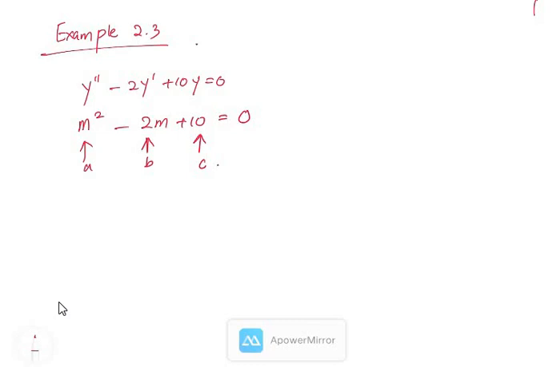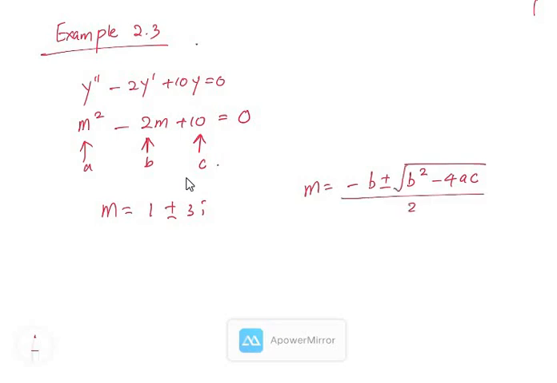So from the calculator, you can obtain the m value. m equals 1 plus minus 3i. Okay, that's easy. If you want to know how to factorize, you can use the formula m equals negative b plus minus the square root of b squared minus 4ac, divided by 2a.